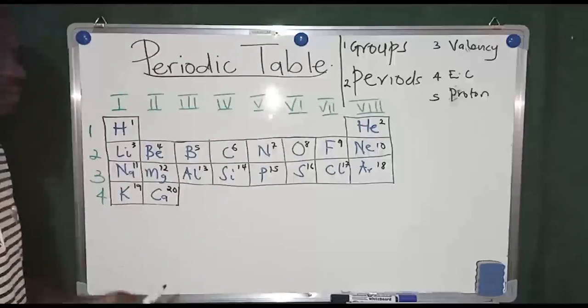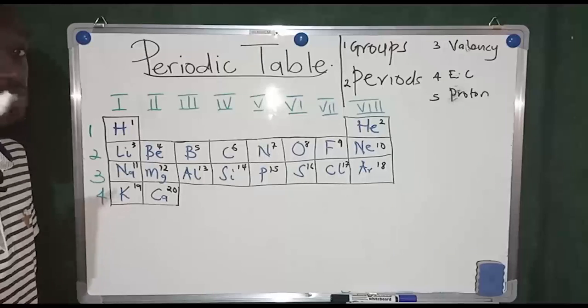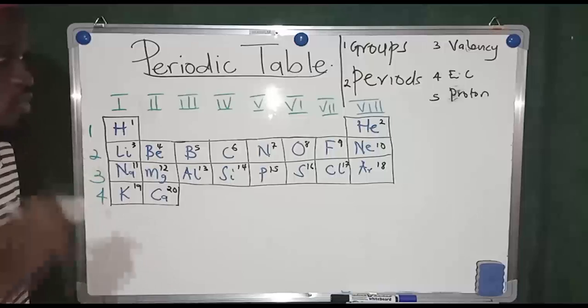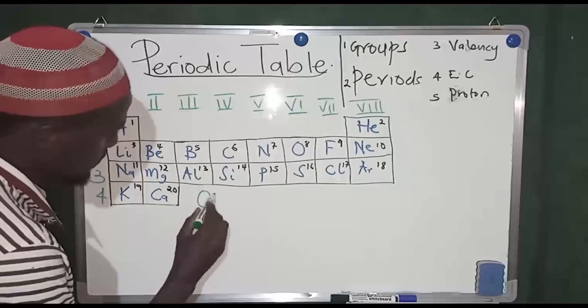Now, if you know the number of an element, where it is located on the periodic table, for example, you know that oxygen is number 8.